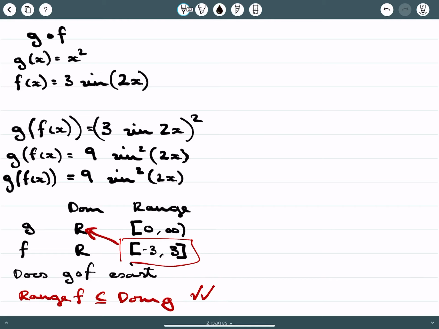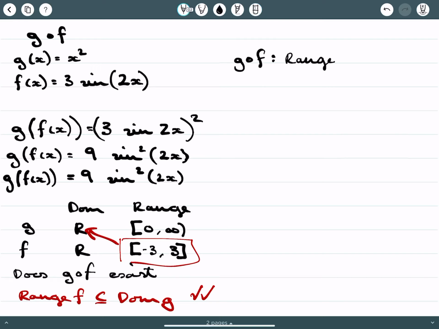Now, what I need to ascertain is the range of g of f. Let me just note it up here.